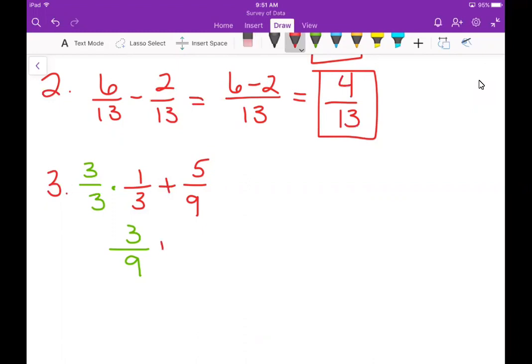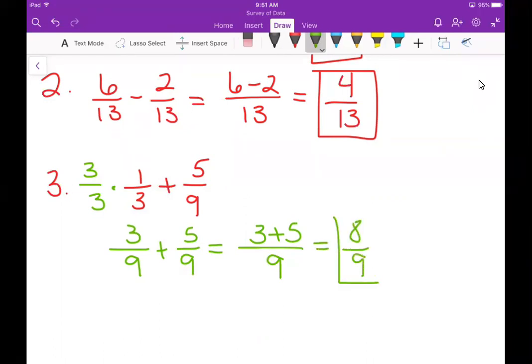Okay, and I was able to do that because 3 and 9, 3 could be turned into 9 by multiplying it. Now that I have that common denominator, I'm good to go. 3/9 plus 5/9 is 3 plus 5 over 9, which is 8/9, and that's already simplified. So that's where I'm done.